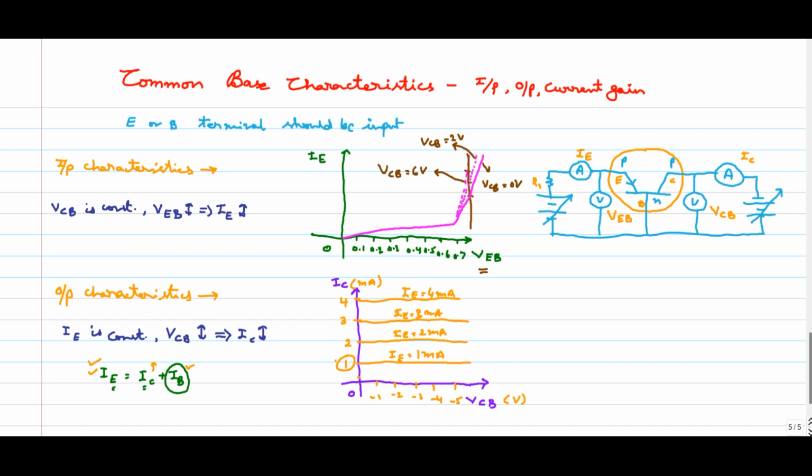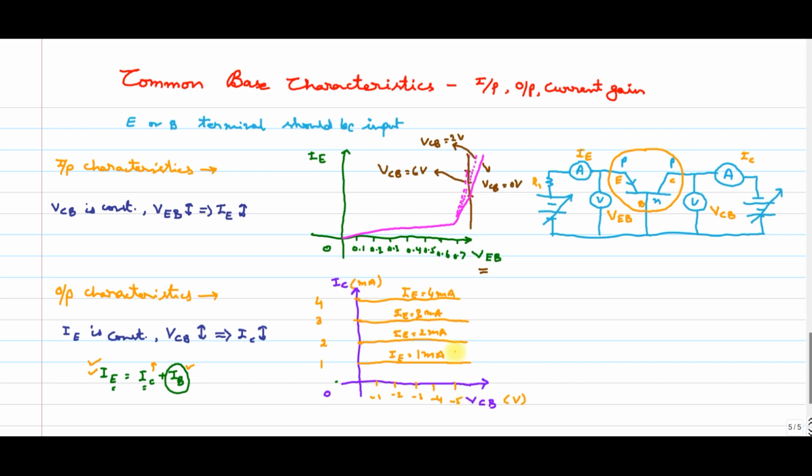But here we need to understand one thing. Even though VCB is 0, IC is never 0, because there are some charge carriers. So how to make this IC 0? Till now we have applied a reverse bias voltage condition at VCB.